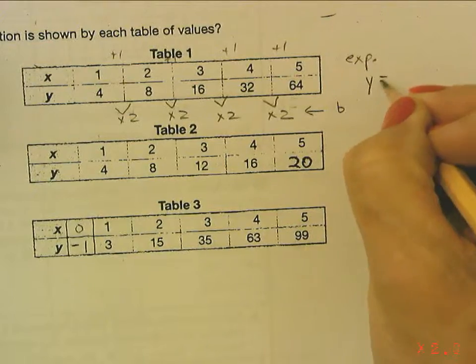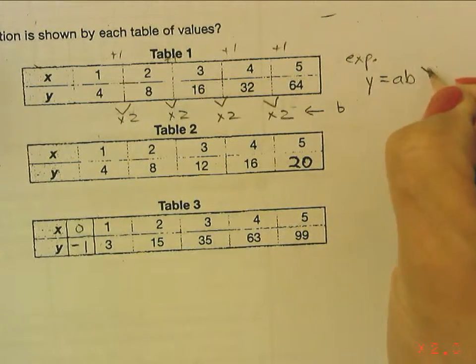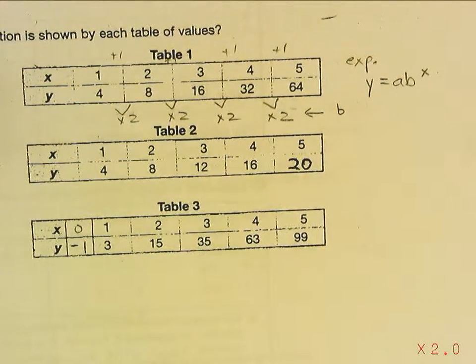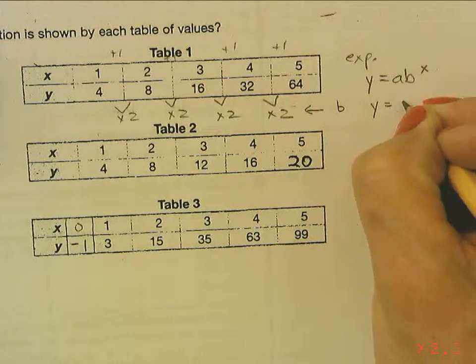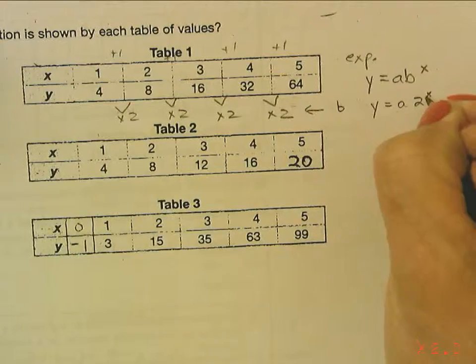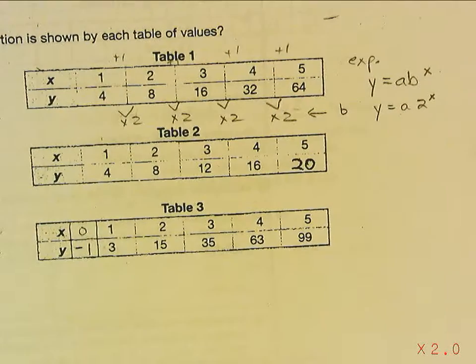I know the rule is y equals ab to the x. So I know b is 2. So how am I going to find out what a is? Because I remember we learned in class, when x was 0, the y value was a, but there is no 0 value here.